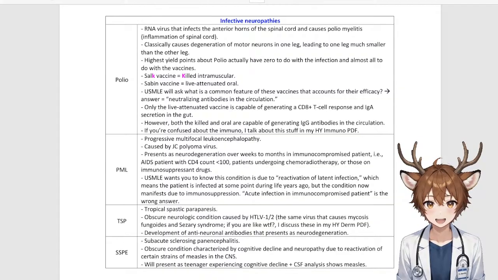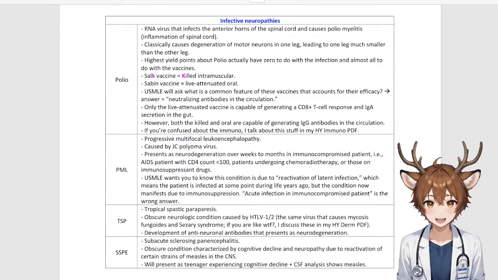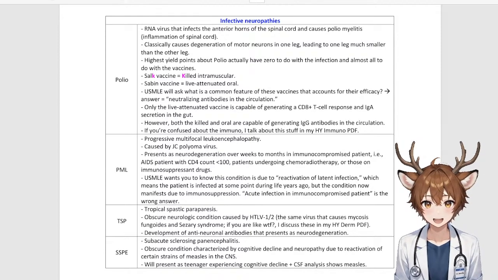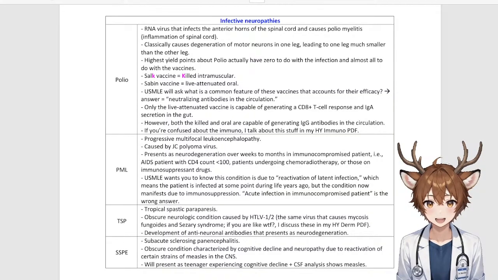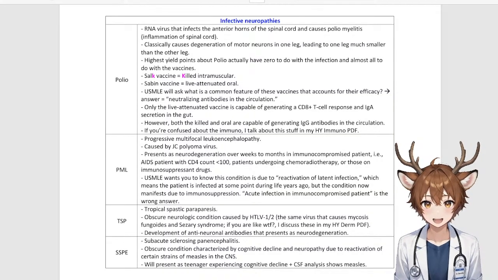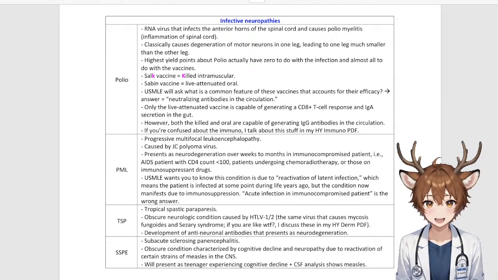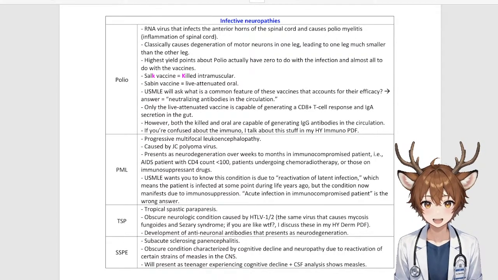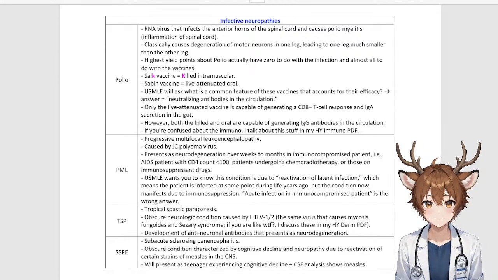PML, progressive multifocal leukoencephalopathy, caused by the JC polyomavirus. Presents as a neurodegeneration over weeks to months in the immunocompromised patient, that is to say, AIDS patients with a CD4 count less than 100, patients undergoing chemoradiotherapy, or those on immunosuppressant drugs. USMLE wants you to know that this condition is due to the reactivation of latent infection, which means that the patient is infected at some point during life years ago, but the condition now manifests due to the immunosuppression.